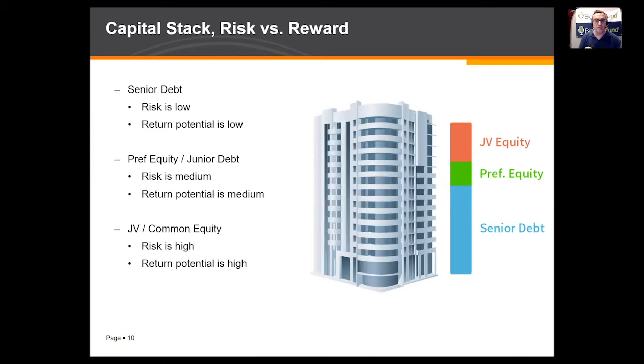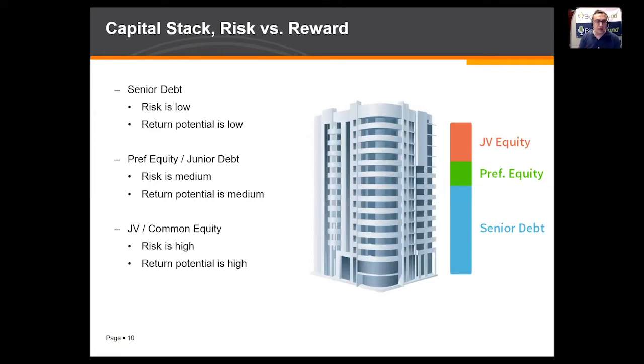So potential return is lower because the risk is lower. These type of projects, their risk-adjusted return is solid because they're taking very low risk. I'm not saying you should only be investing in senior debt, but certainly when you're investing in senior debt, you have pretty good downside protection, assuming you invested in a good project at a good LTV.